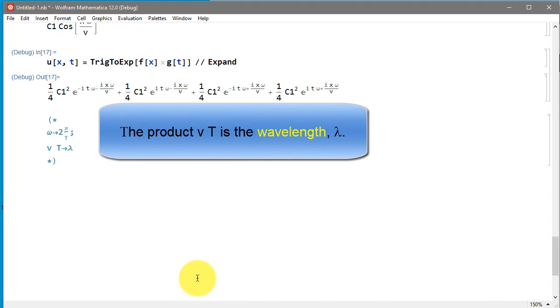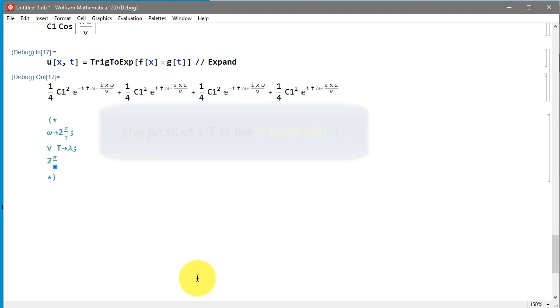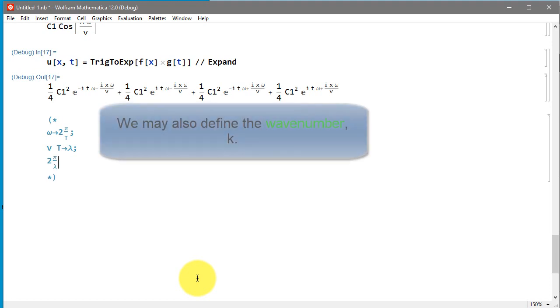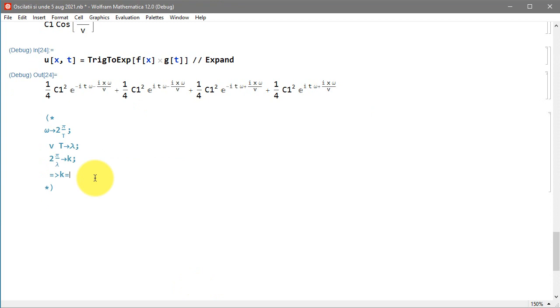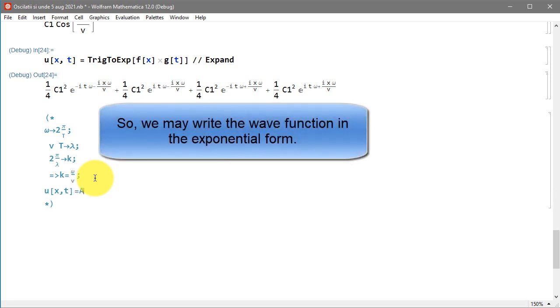The product vT is a wavelength, lambda. We may also define the wave number, k. So we may write the wave function in the exponential form.